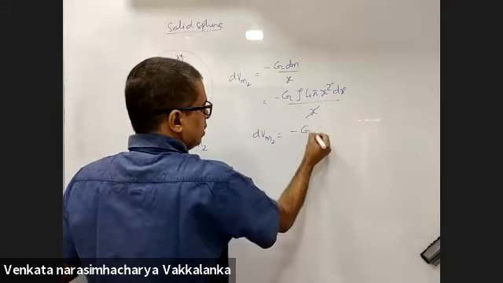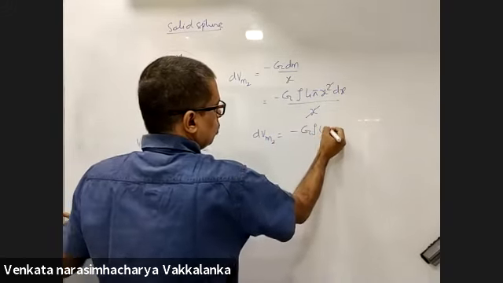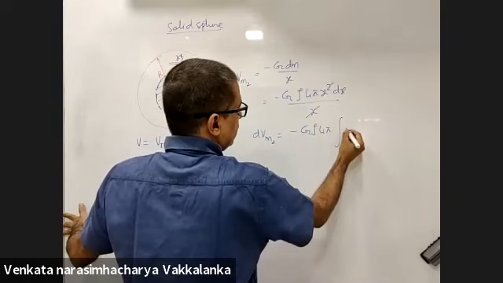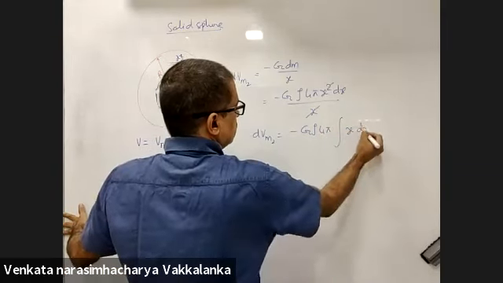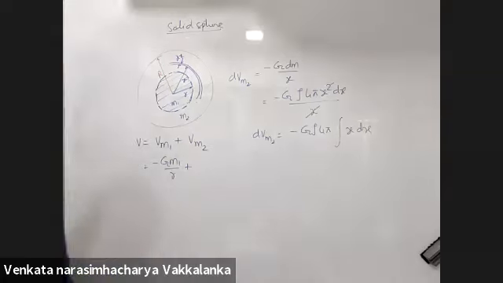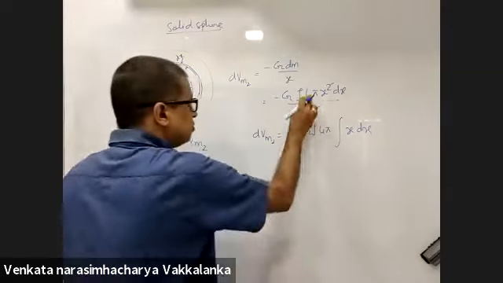BVM2 is minus G rho 4 pi integral x dx. Is my calculation correct? Now I'll have to convert this density as well.